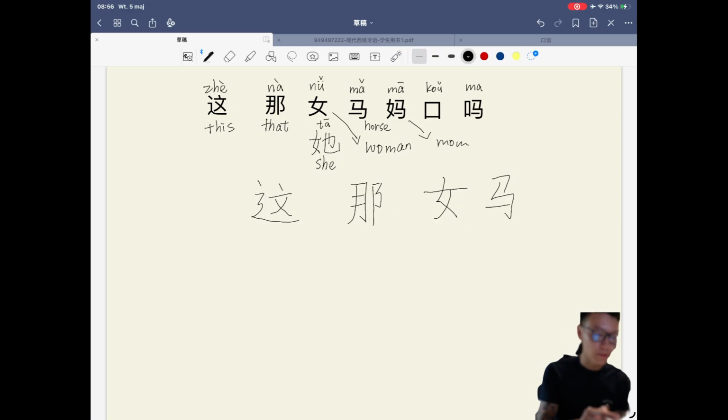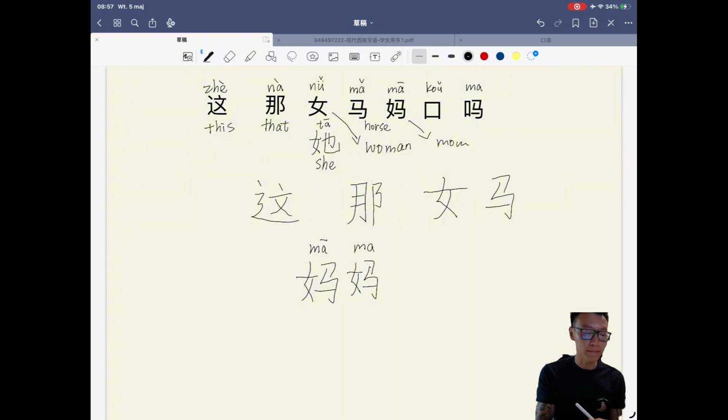Okay, so let's write ma together. On the left side we have 女. On the right side we have ma. And now we have ma. Alright, so in Chinese, mom is called mama. Okay, mama. Good.